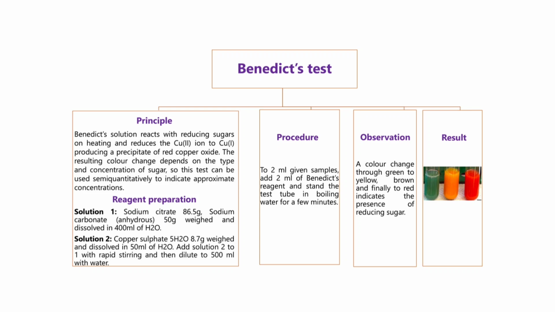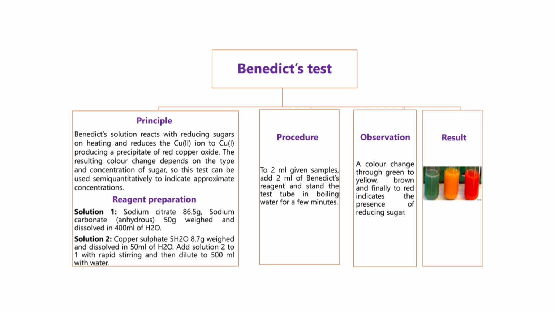The procedure involved in Benedict's test is that take 2 ml of the known sample given to you or unknown sample or the food sample given to you and add equal amount of Benedict's reagent and place it in boiling water bath for a few minutes and observe for the color changes.